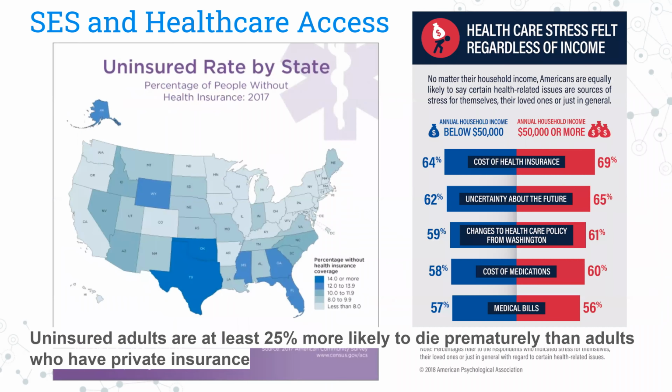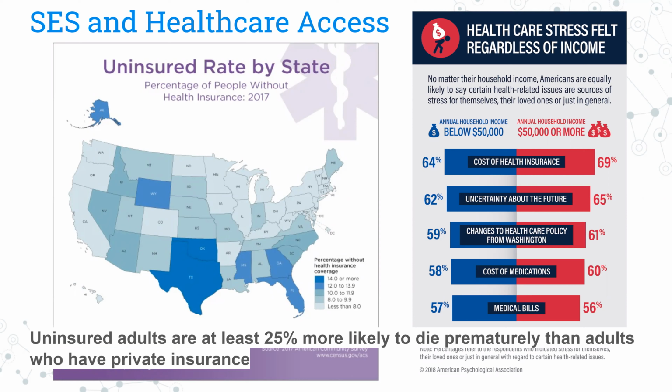And although it does have an impact on your ability to get health care, so uninsured adults are at least 25% more likely to die prematurely than adults who have private insurance, that is a real risk factor. This is not the primary factor by which poverty plays a role.